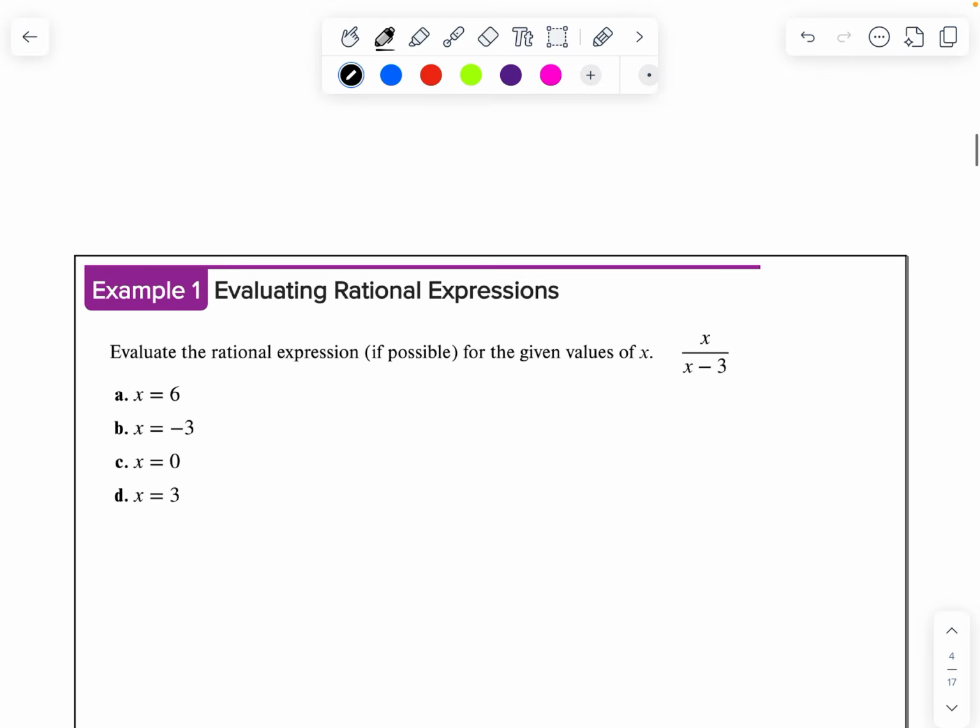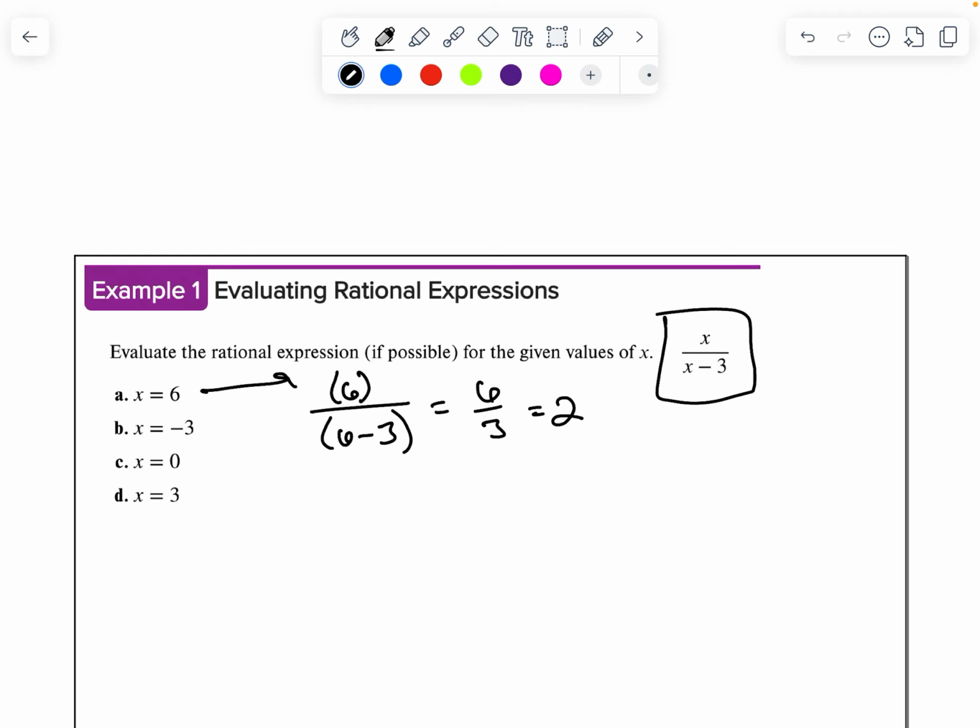To evaluate a rational expression, you're going to do this much the same way that you would your regular polynomial expressions. When you evaluate, you're looking for a number answer. You're trying to evaluate for some x value that you know. On this first example, x equals 6, we're given this rational expression, x over x minus 3. So I want to do 6 over 6 minus 3. That is the same as 6 over 3, which is equal to 2.